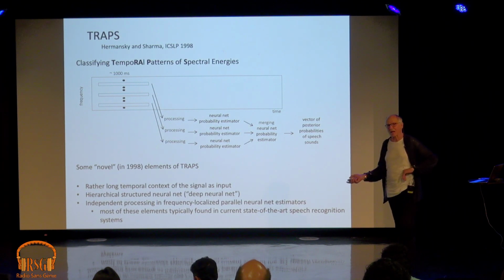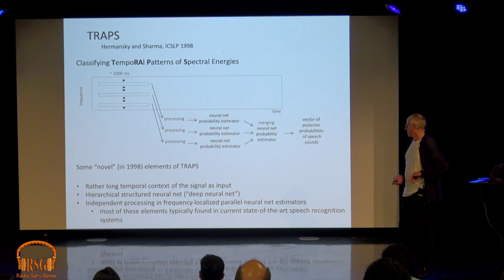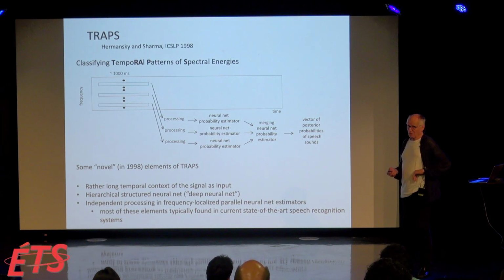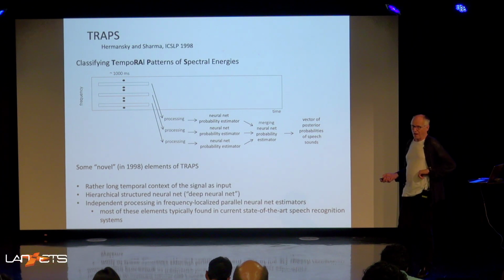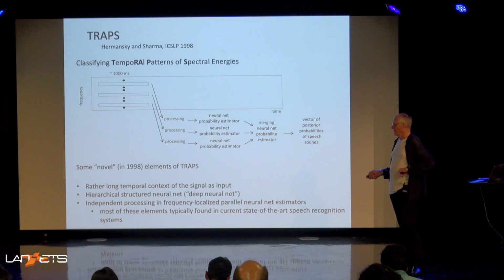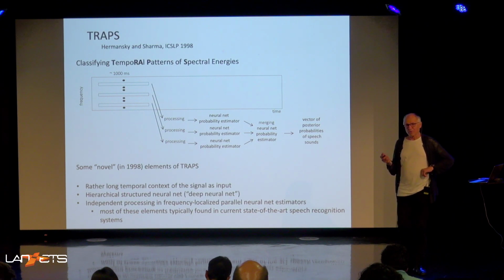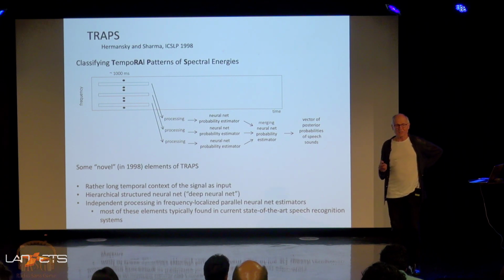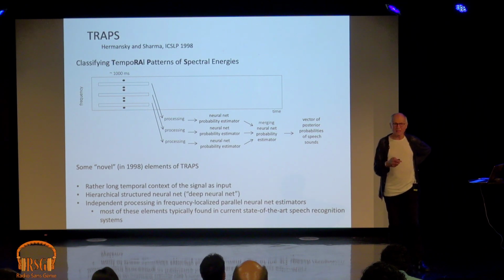So that was a kind of poor man's deep neural network at the time. What was interesting is that we were doing independent processing at different frequencies. And now all these concepts we are finding in many deep neural net recognizers, but that was in 1998.